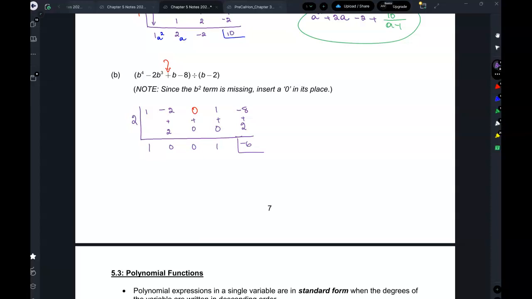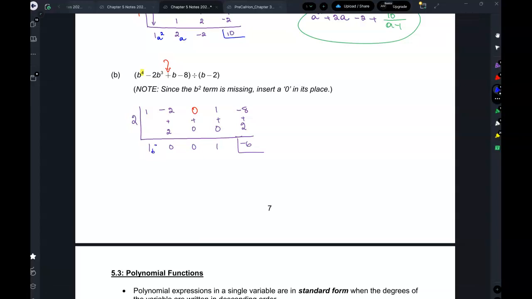Yeah, Ella. Right. So the 1 gets multiplied by 2, you get 2. You add, you get 0. Multiply by 2, you get 0. Oh, you just don't write it down. So now, my exponents initially started out with a 4. So what am I going to start with now? A 3.